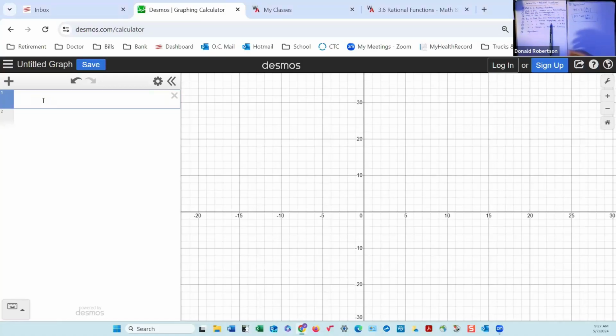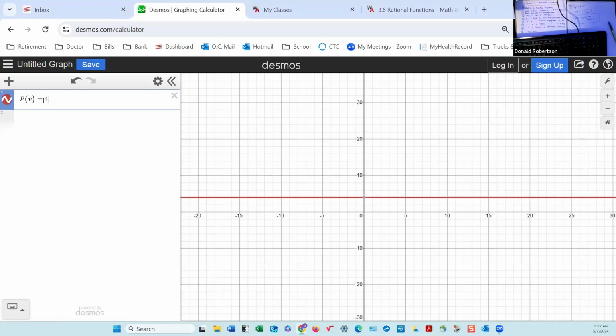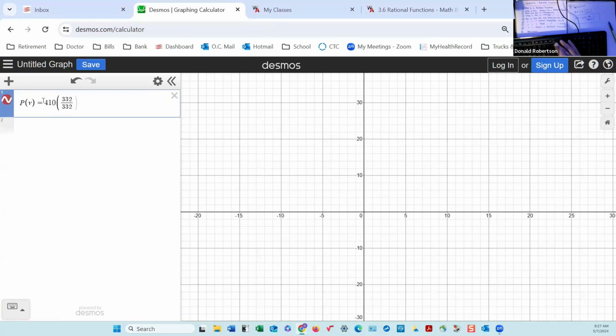So let's do that. P of V equals 410, bracket, 332 divided by 332, take away V. And I guess close the bracket.